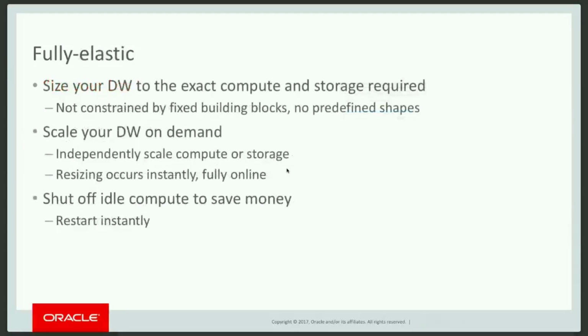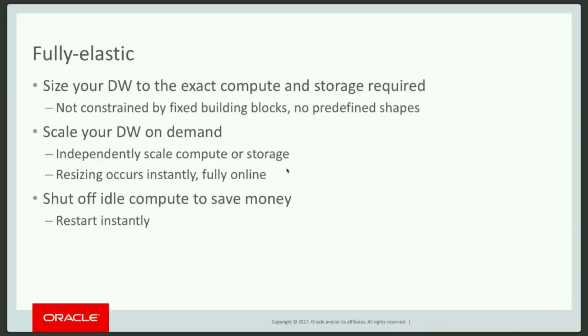As I said, it's completely elastic. So you define to us exactly how much compute or storage you need, and then you grow or shrink as you need. There are no predefined blocks or shapes. When you do the scaling, everything happens online. And most interestingly, on a Friday afternoon, if you know there's no activity going on over the weekend, you can actually turn your compute nodes off.